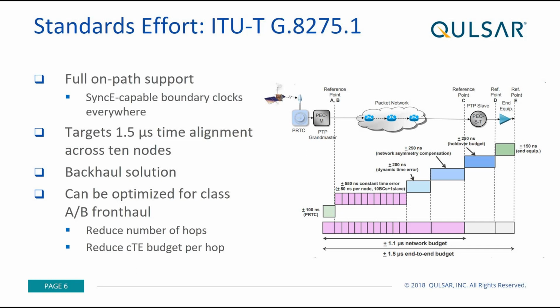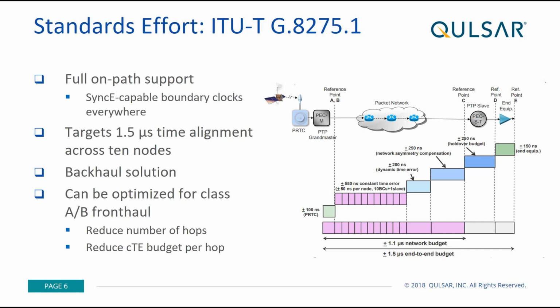So every piece of switching or routing equipment in the network is capable of handling both 1588 and synchronous Ethernet. You see from the diagram here the original reference model that was created for this standard defines up to 10 hops in the network, so 10 switching or routing devices.